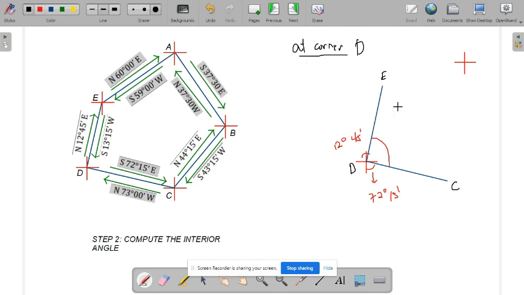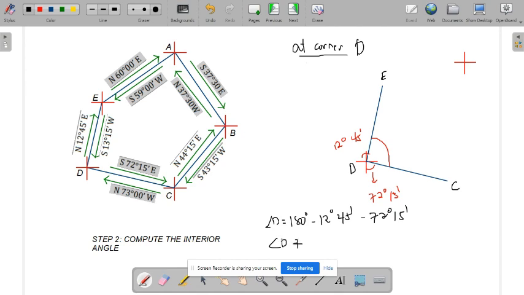So angle D is equal to 180 degrees minus 12 degrees 45 minutes, because I have to transfer it here. 12 degrees 45 minutes and less 72 degrees 15 minutes.